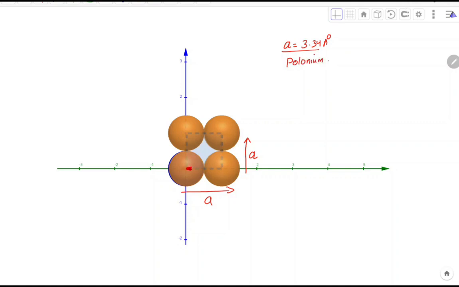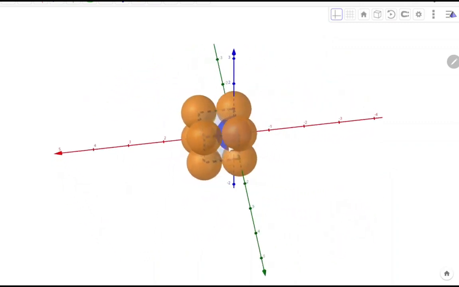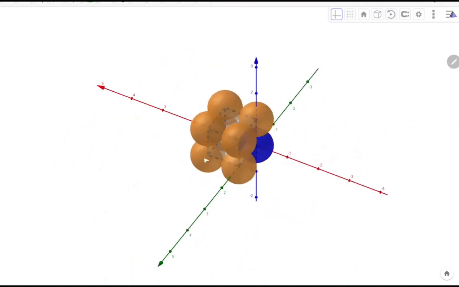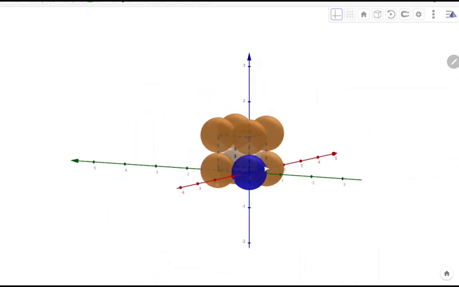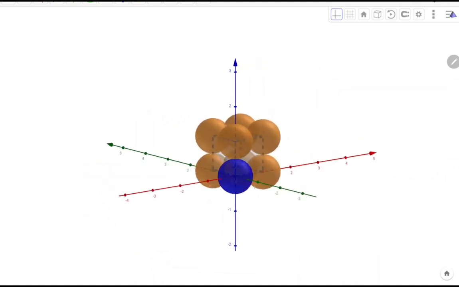The number of atoms per primitive cell is equal to 1. Now, we have 8 atoms in the corners of the cube: 1, 2, 3, 4, 5, 6, 7, 8, and this one here is the same as the yellow one, but we make it blue just to mark it as the origin.